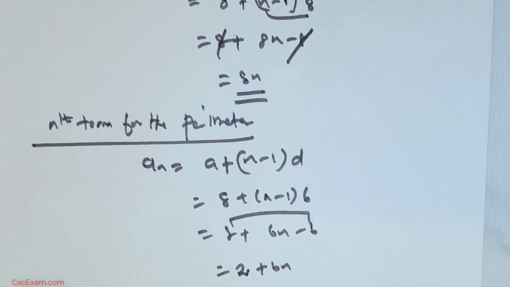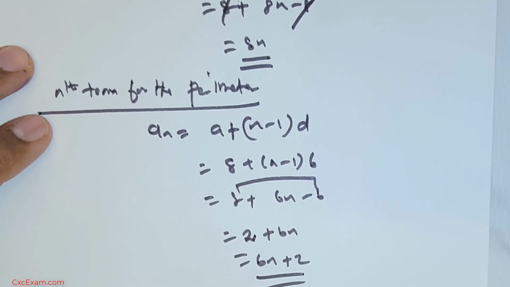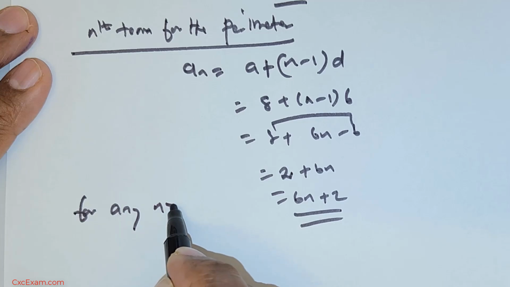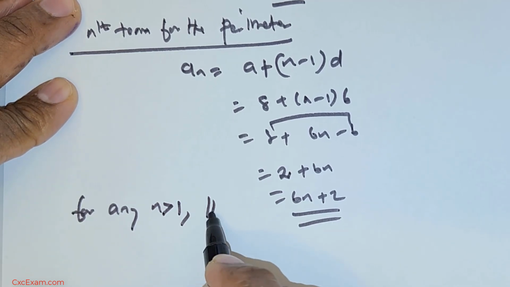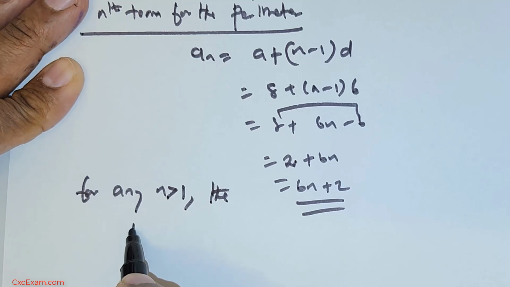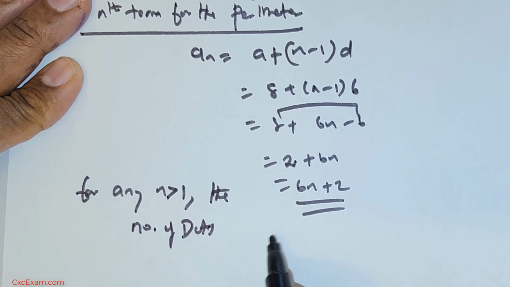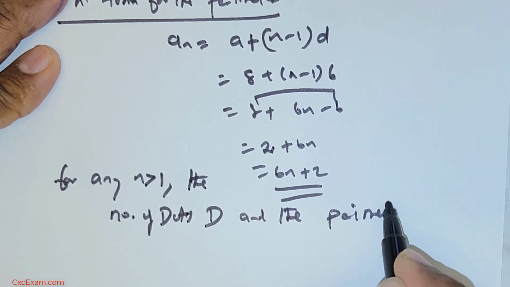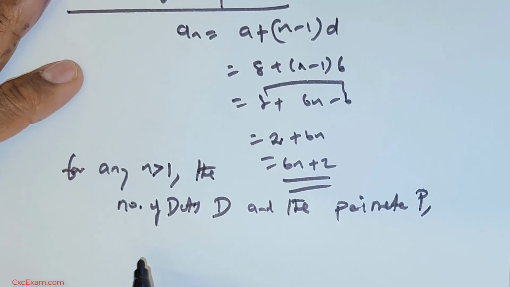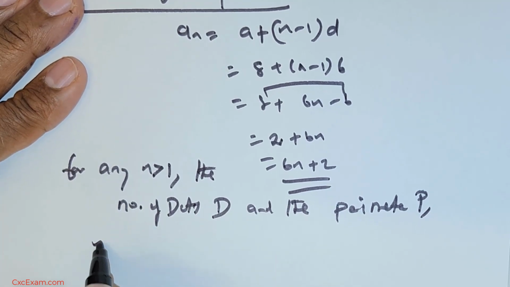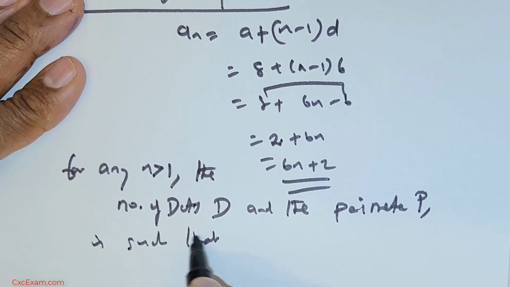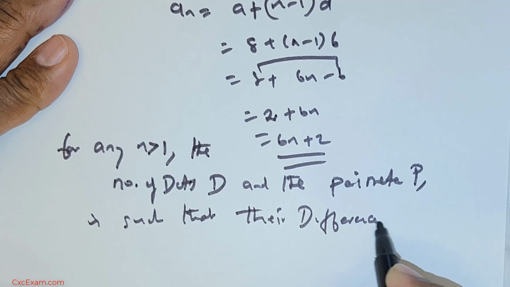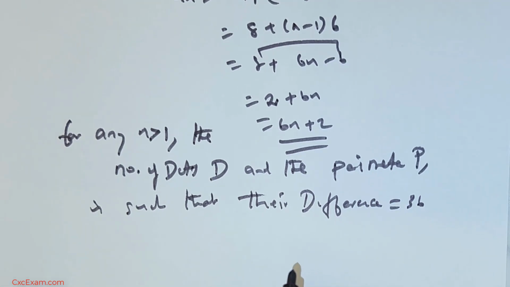Now the last question. This is the last question. For any n greater than 1, the number of dots d and the perimeter p is such that their difference is equal to 36.